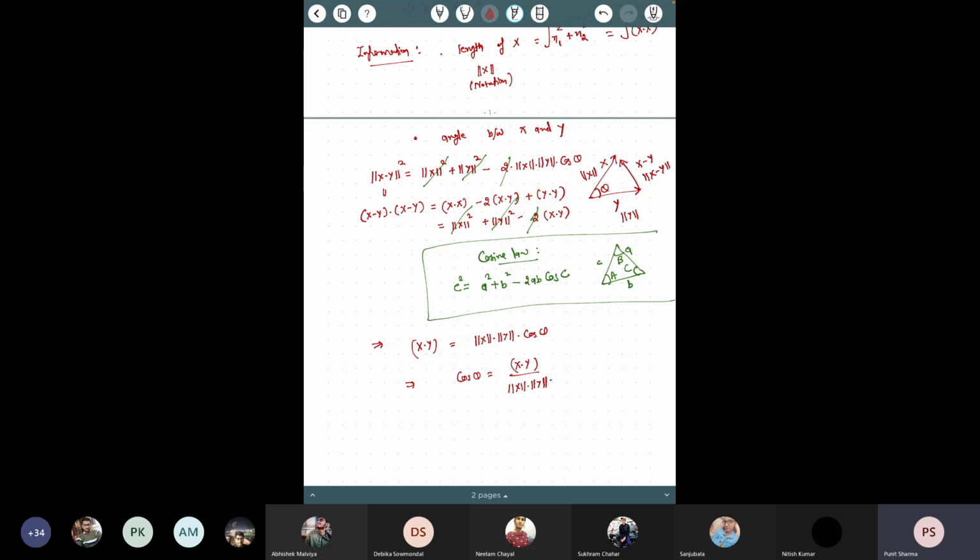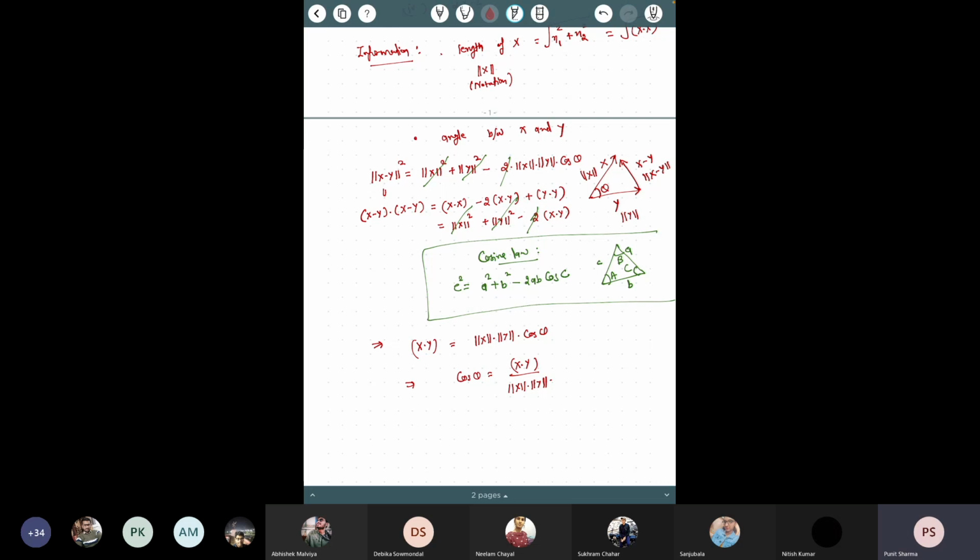So we need some kind of product. You can say it's a scalar product, but this product should satisfy certain things. These are the minimum things you can expect.